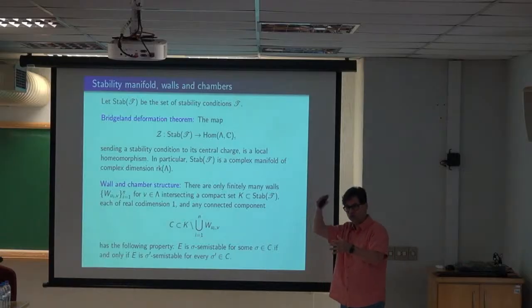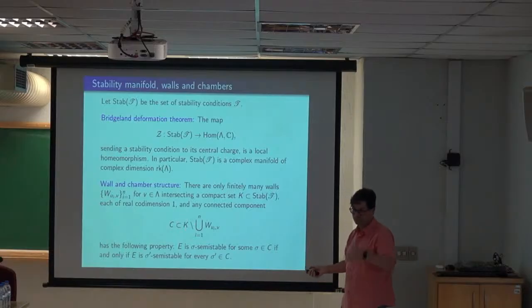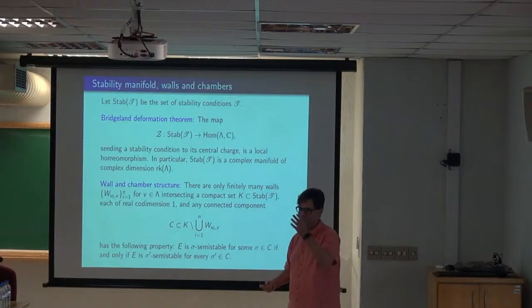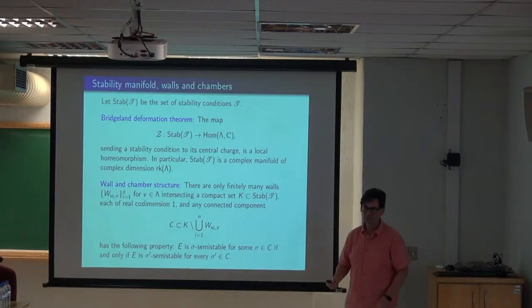These are codimension 1, so they will cut this compact set into a bunch of connected components. And in each of these connected components, a so-called stability chamber, the set of semi-stable objects does not change.